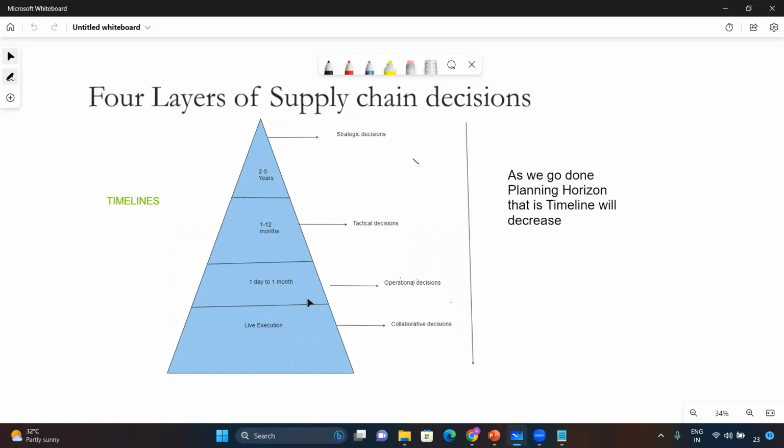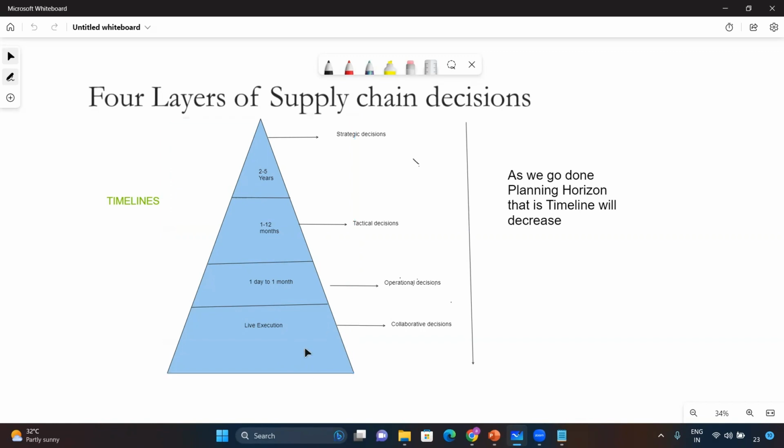Now coming to the last layer of supply chain decisions, that is collaborative decisions. These decisions generally involve collaboration between different partners in the supply chain, such as suppliers, distributors, and retailers.